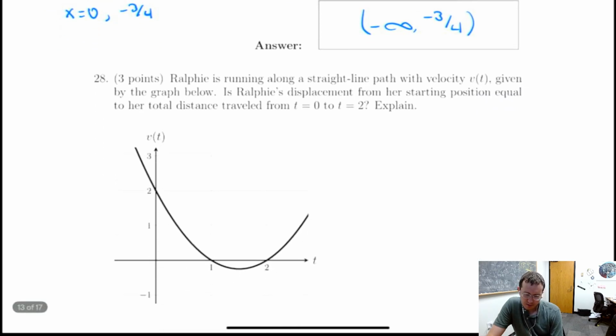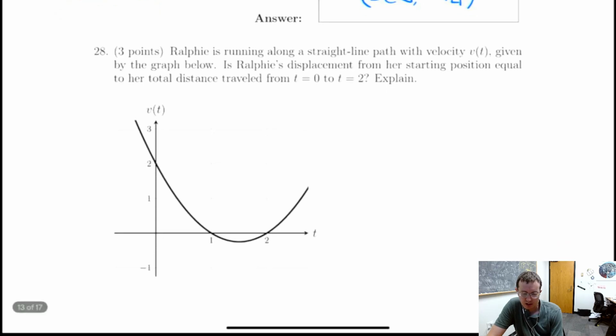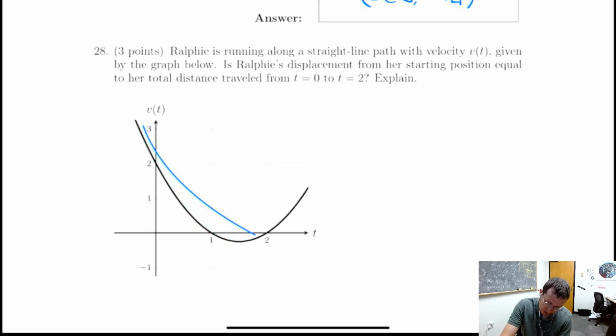All right, Ralphie's running along a straight line path with a velocity given by this graph. Is Ralphie's displacement from her starting position equal to her total distance traveled from 0 to 2? So what's happening is Ralphie has positive velocity initially, meaning she's moving, let's say, forward, but slowing down until she stops, and then runs backward for a little while.